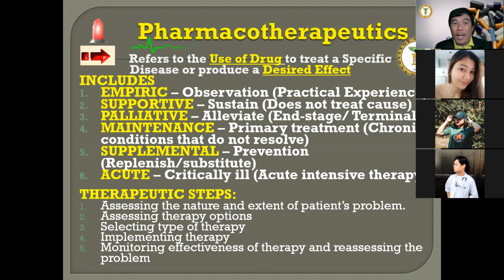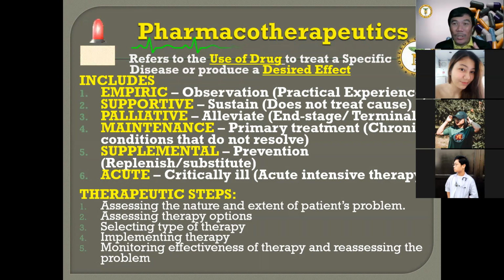That's why at this time, the vaccine being administered is still on the empiric level, because it is still under study. It's still not reaching clinical trial 4. It's still on the level of observation and gathering facts through practical experiences.